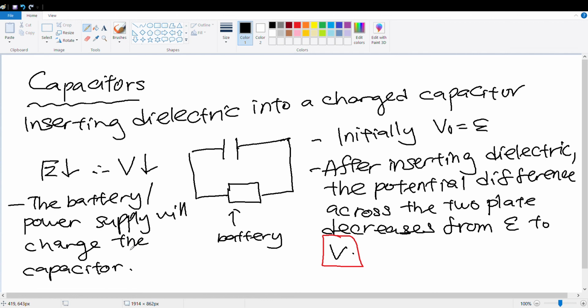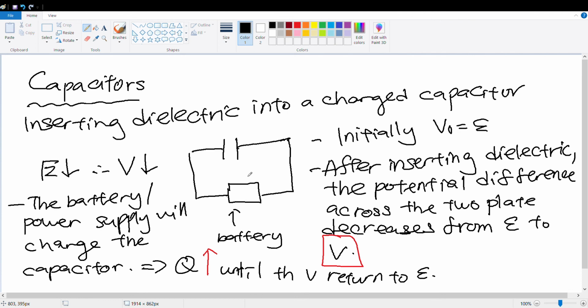When charging the capacitor, my electrical charges Q on the surface of the two plates will start to increase, until the V returns to E, until the potential difference is equal to the electromotive force.